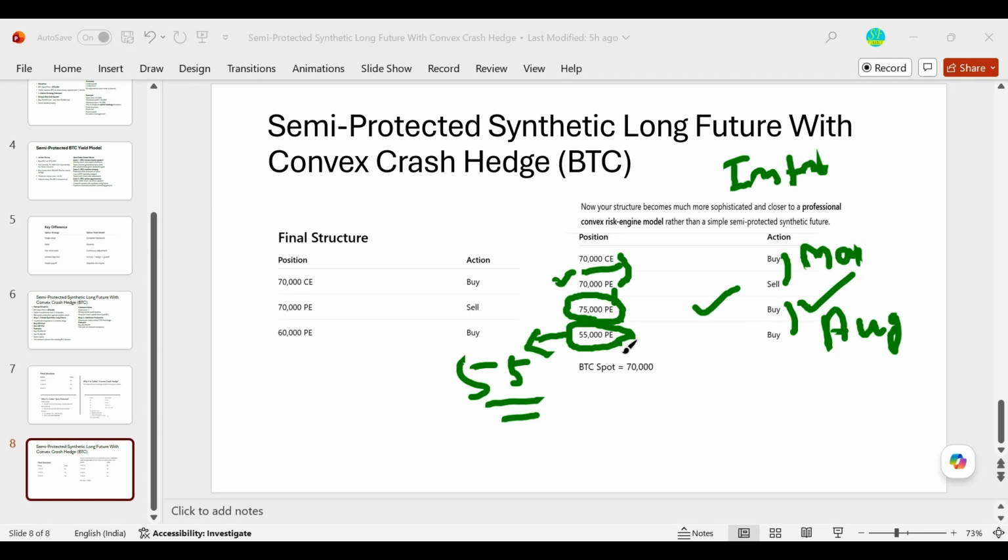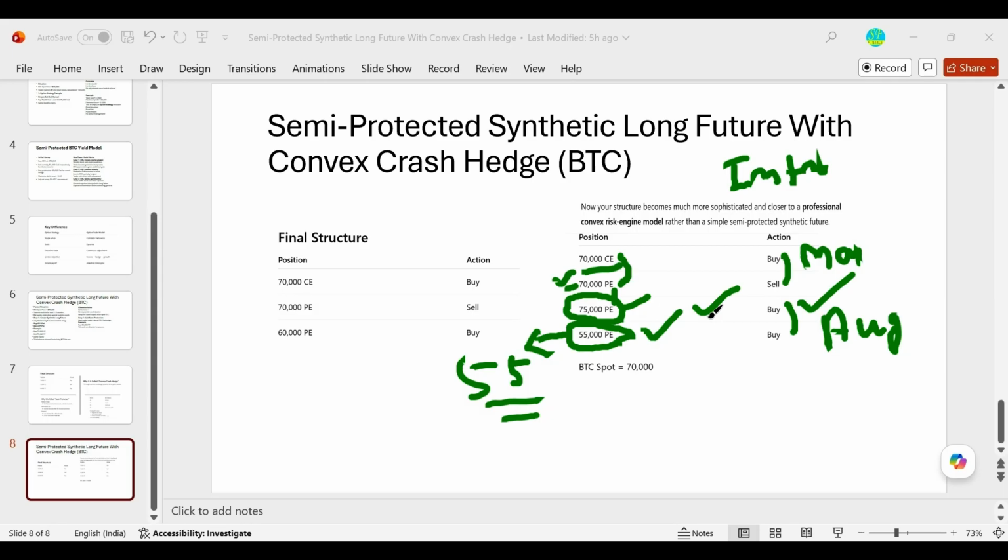If after I initiate the position there is again a deep correction, I can move my synthetic future to the 55,000 level, and at that time the 55,000 put would have appreciated to a great extent, and my 75,000 put would have taken care of the losses in the 70,000 put. So in the second attempt, I don't require to hesitate twice with the put options. My 55 is already there.